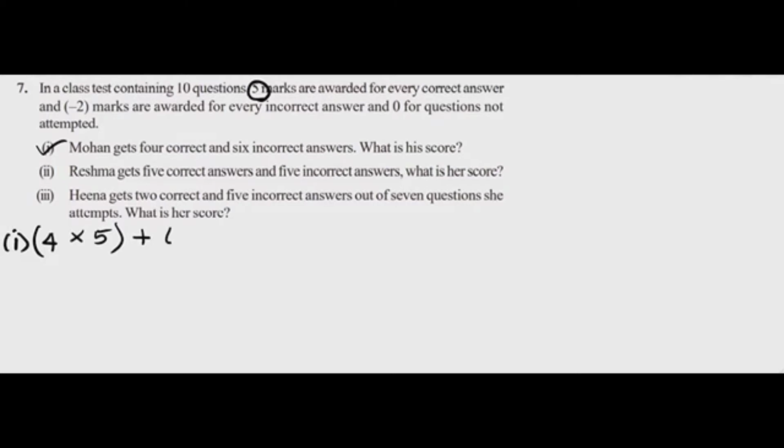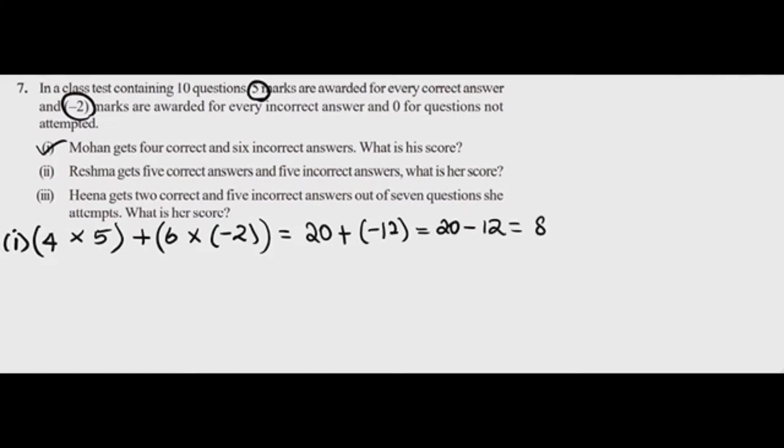So 6 multiplied by minus 2, as the incorrect answer mark is reduced by 2. Now we can solve this. 4 fives are 20 plus 6 twos are minus 12, right? Now solving this, 20 plus minus 12, so Mohan's final score is 8. I hope you understand what I have done here.